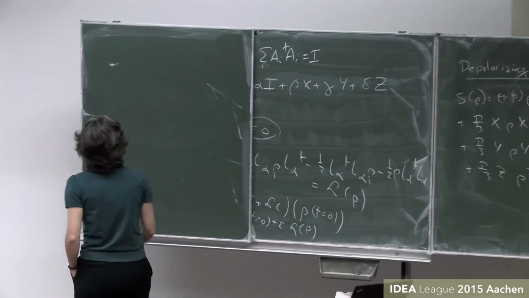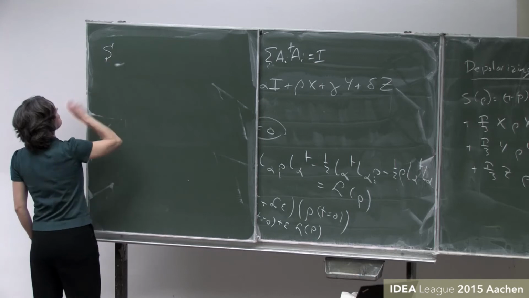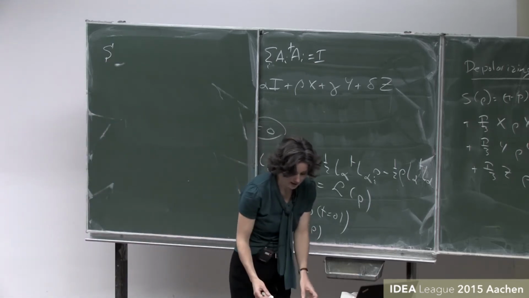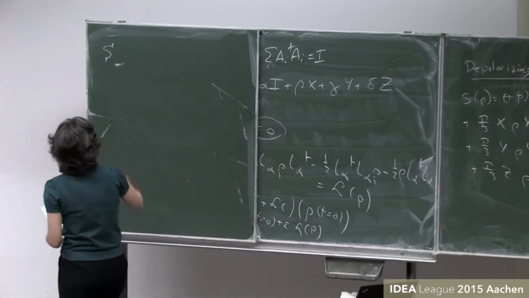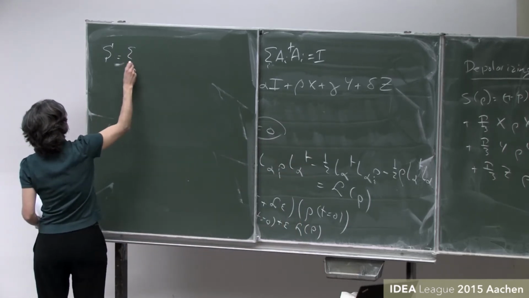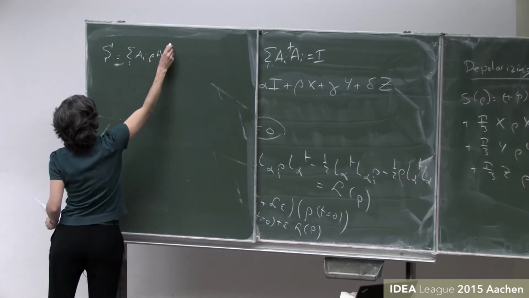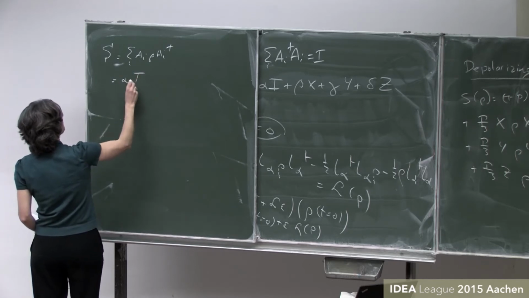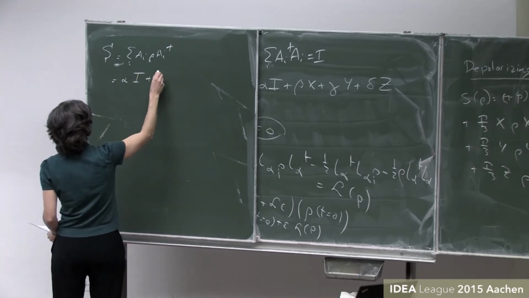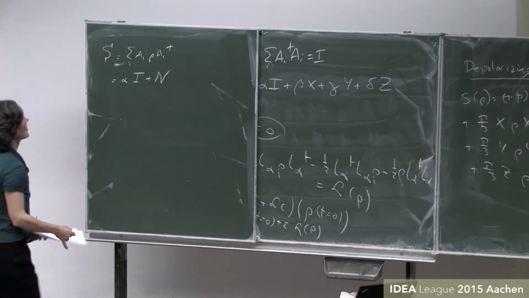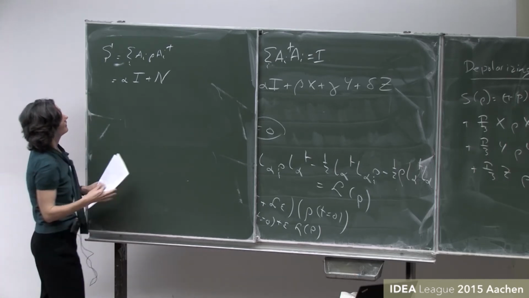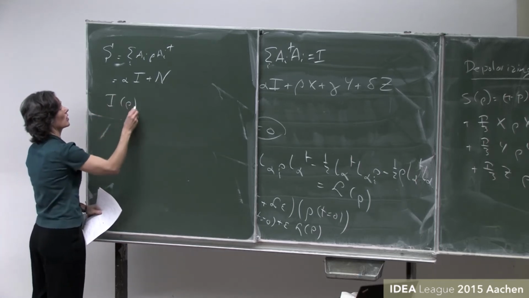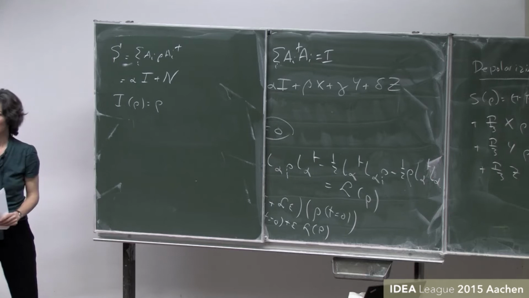So what you do is you have your superoperator S, the sum of A_i rho A_i dagger, and you write it as something which is, let's call this N for noise, plus this is the identity map. So I on rho is rho for any density matrix.